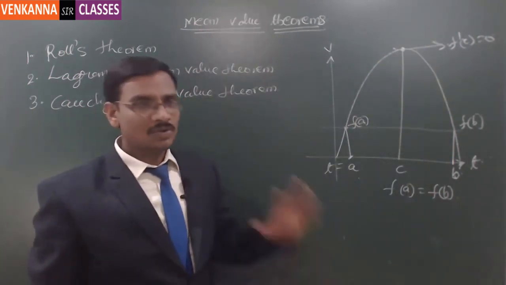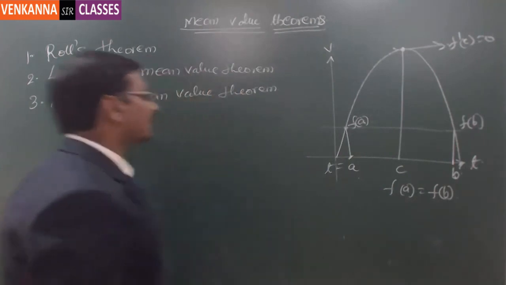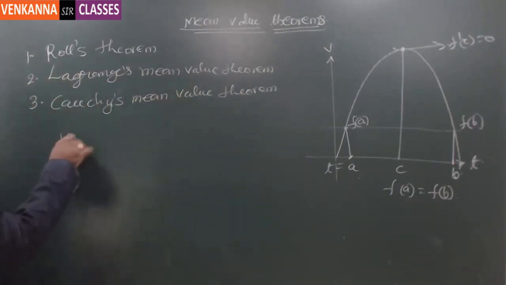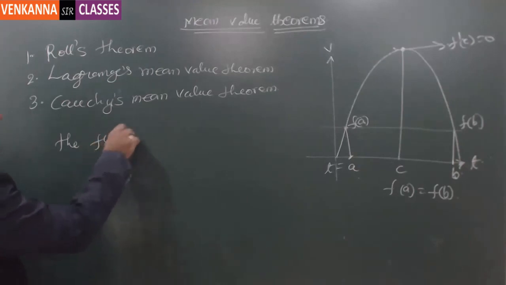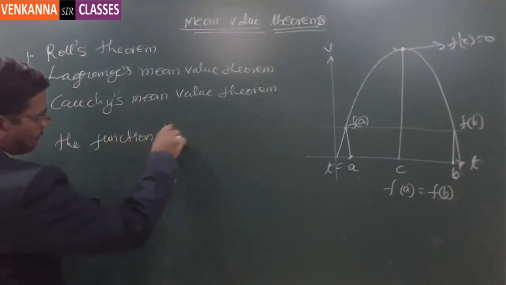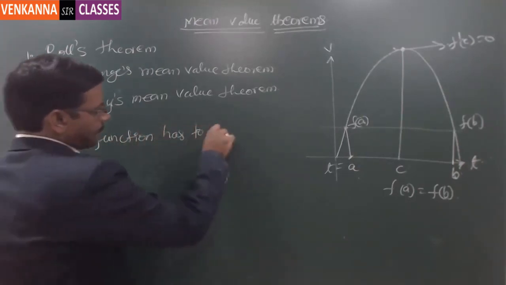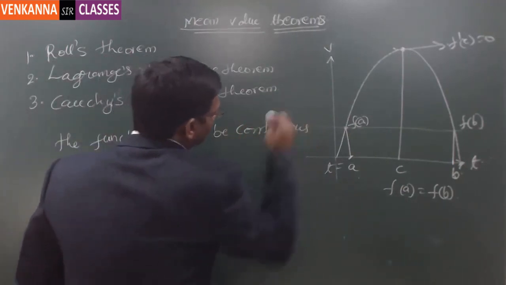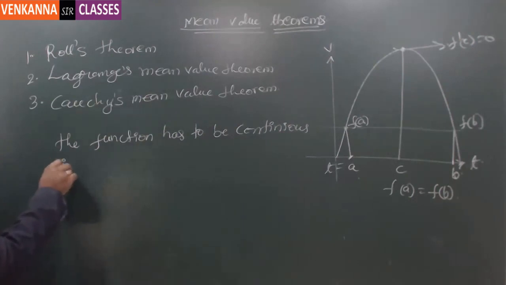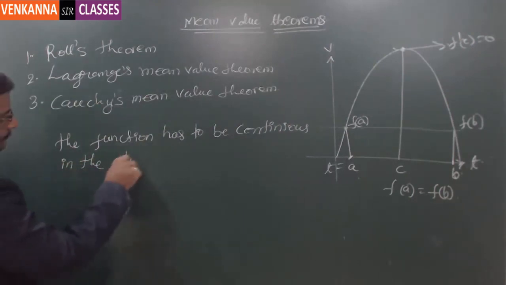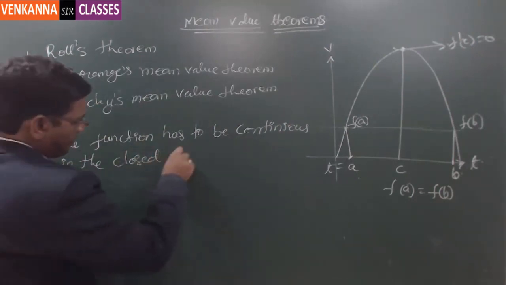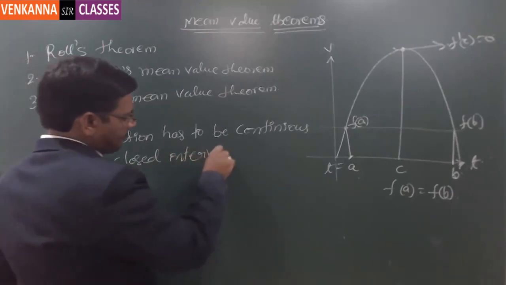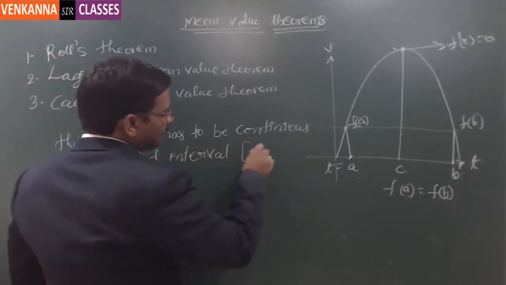So what Rolle's theorem states is the function has to be continuous in the closed interval a comma b.